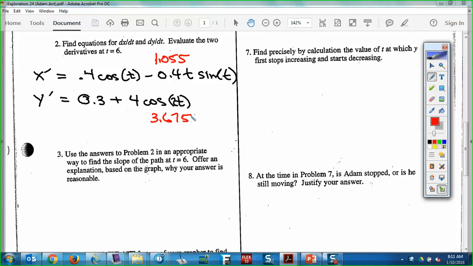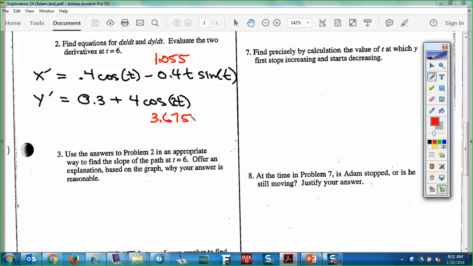It means at 6 whatever seconds, whatever time unit this is, he's going 1.055 inches per second at time 6. He's going to the right, because it's positive and it's his horizontal velocity. So we have to understand horizontal means left or right.